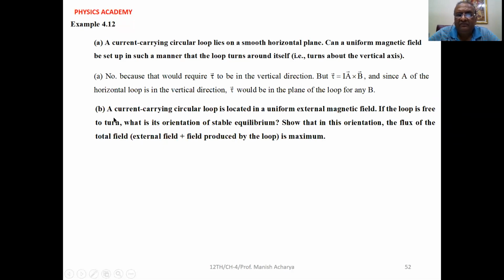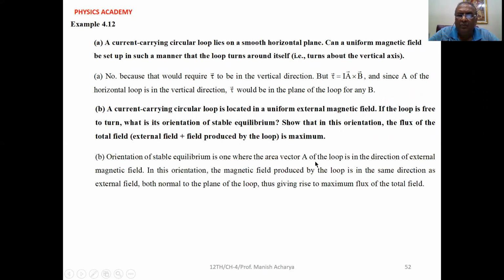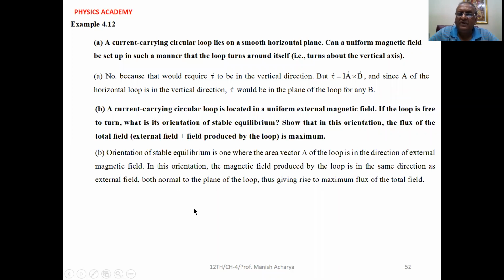Question B. A current carrying circular loop is located in a uniform external magnetic field. If the loop is free to turn, what is its orientation of stable equilibrium? In this orientation, the flux of the total field, external plus field produced by the loop, is maximum. So stable equilibrium will be when torque is 0.